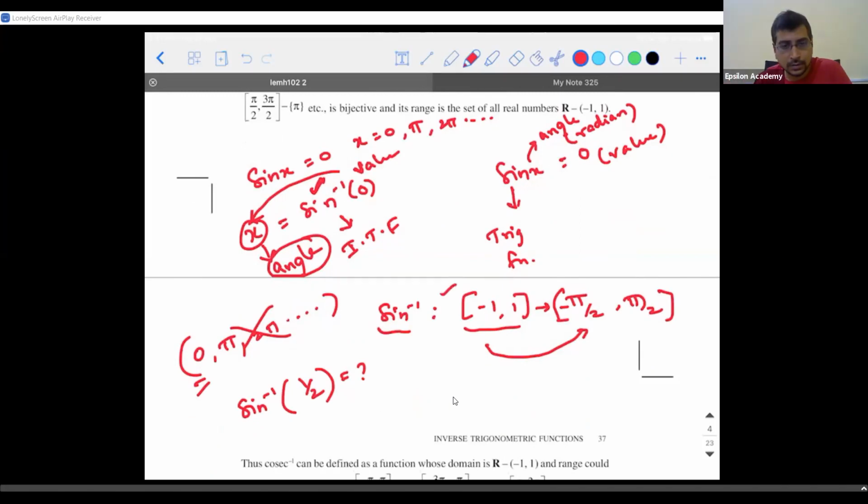Yes. If that is the case, what value can it generate? So you do a reverse calculation. Sine of what angle will give me half? 30, sir. Pi by 6 is the answer. Now you should check, is pi by 6 between minus pi by 2 to pi by 2? Yes, it is. Hence the answer is only pi by 6.